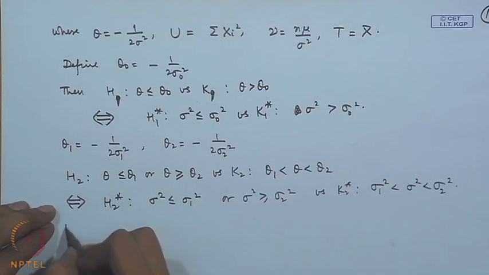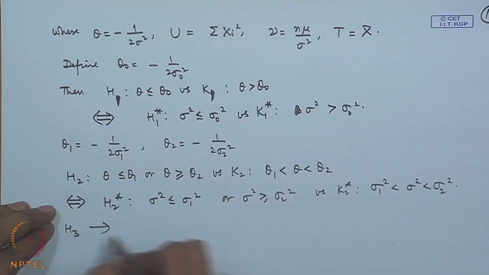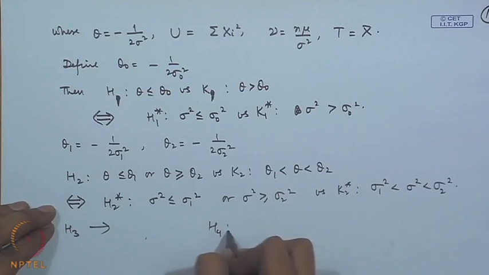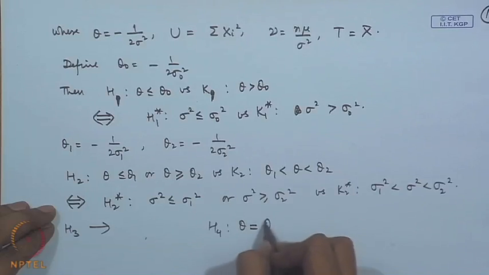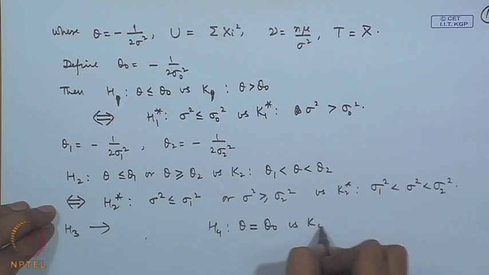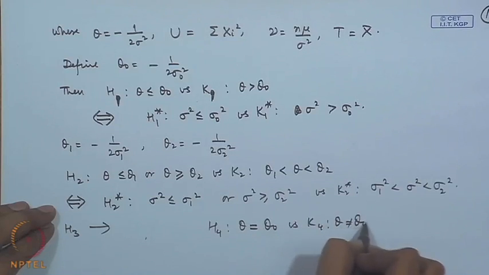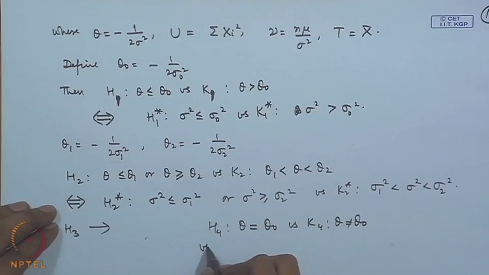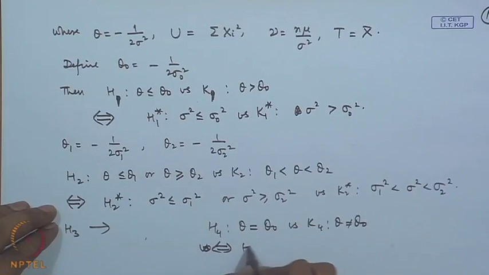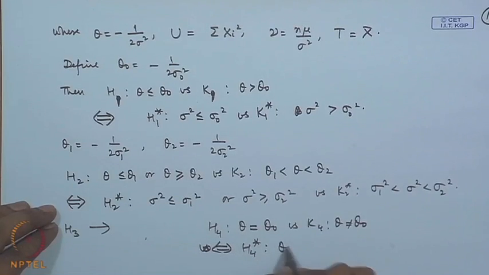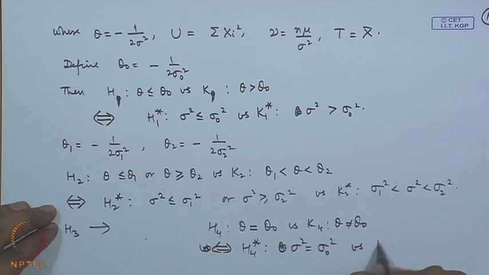And in a similar way, if I consider H 3 and similarly H 4, that is theta is equal to theta naught, that is equivalent to H 4 star, sigma square is equal to sigma naught square versus K 4 star, sigma square is not equal to sigma naught square.